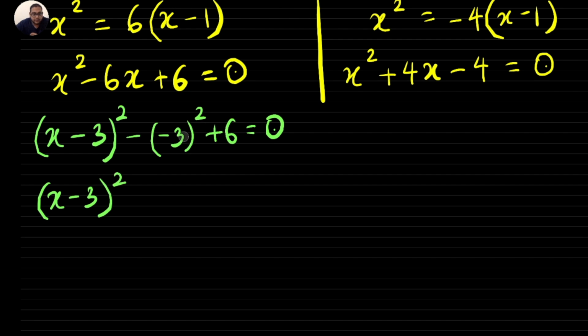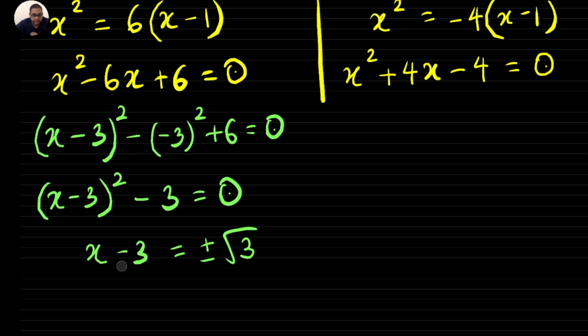We have positive 9 here, but with this negative it will be negative 9, which means negative 9 plus 6 would be minus 3 equals 0, which means I have x minus 3 equals plus or minus square root of 3, and I simply move negative 3 to the RHS. Hence I have x equals 3 plus or minus square root of 3.